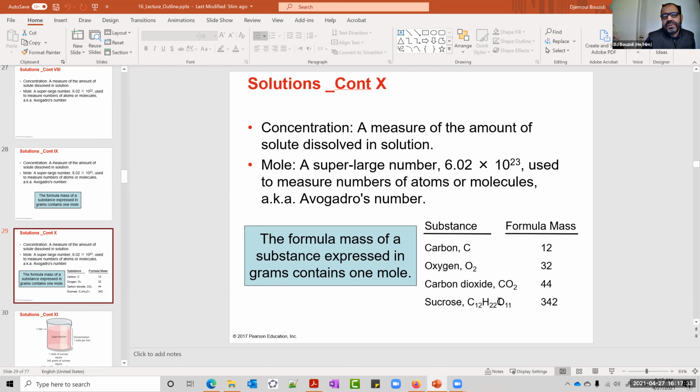Plus 11 times 16, so you do the math, 176. The total number should be 342, okay? That means 342 grams of sugar, which is a third of a kilogram, basically. More than half a pound of sugar is this many, Avogadro's number.